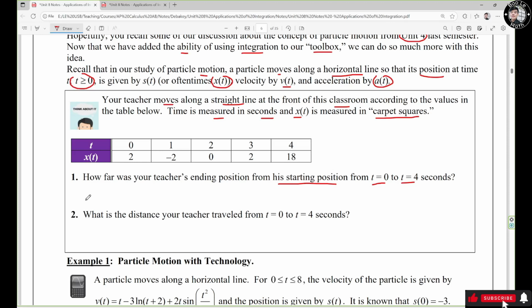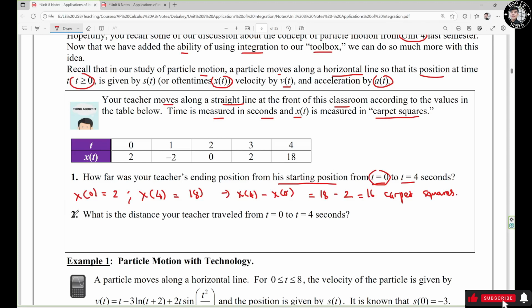So s of 0 equals 2, and s of 4 equals 18. Now you need to take s of 4 subtract s of 0. It's going to be 18 subtract 2, which is 16 square units.